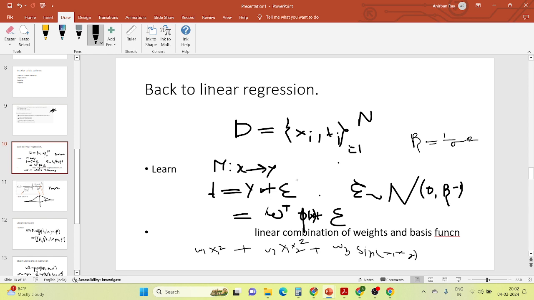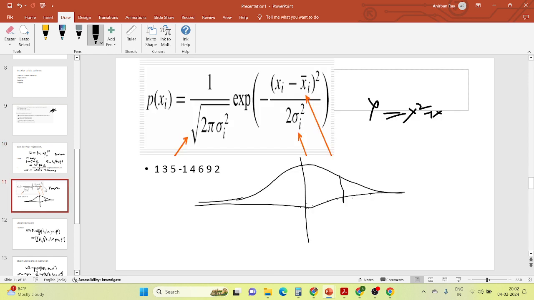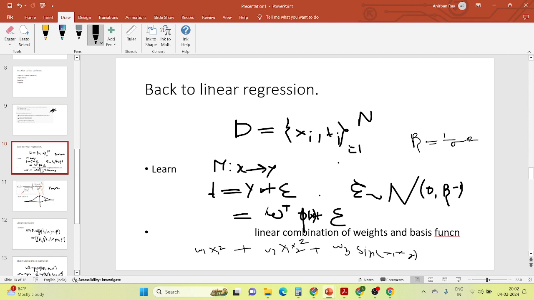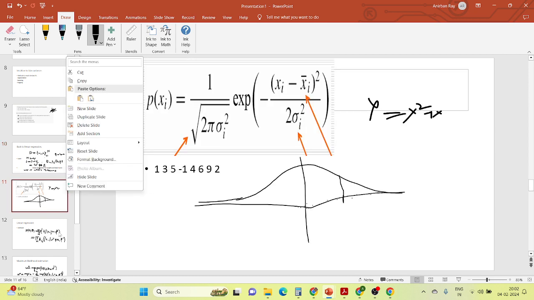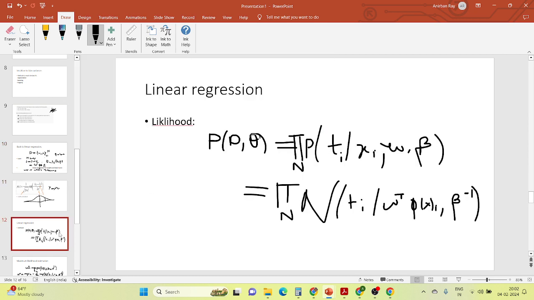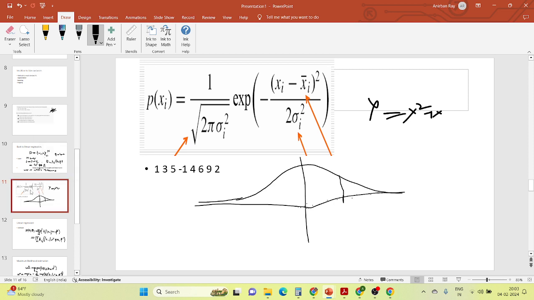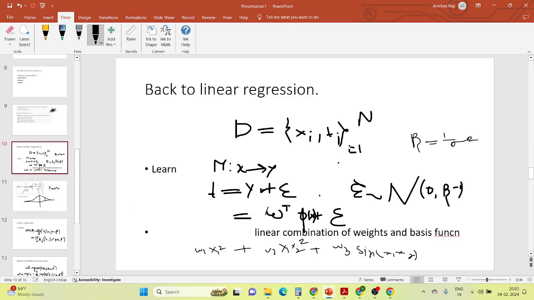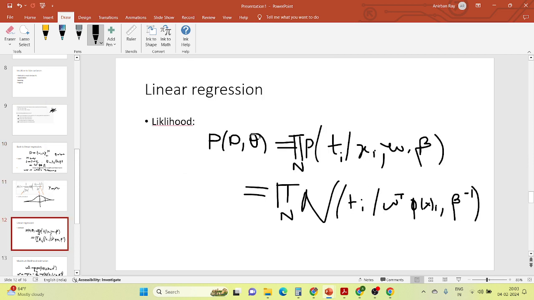Sum of two Gaussians is Gaussian. So this y is normally distributed, and this noise is also normally distributed.